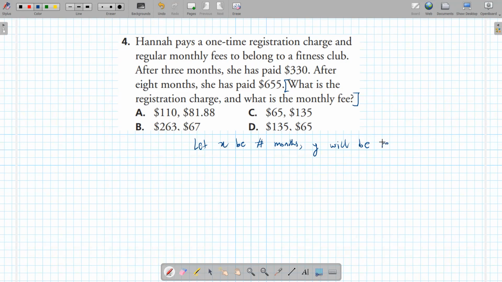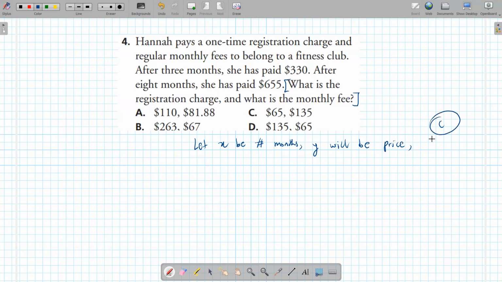Y is the total price, and C is the registration fee.